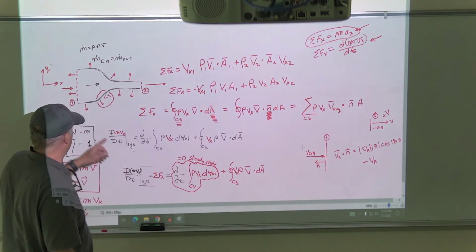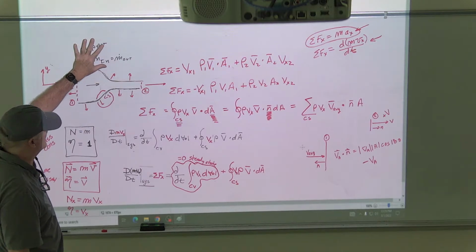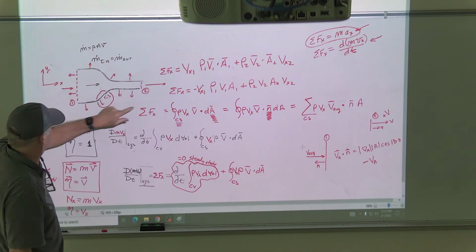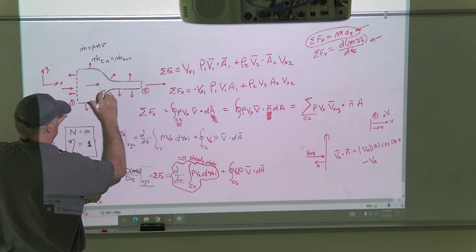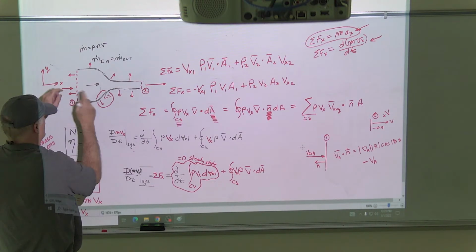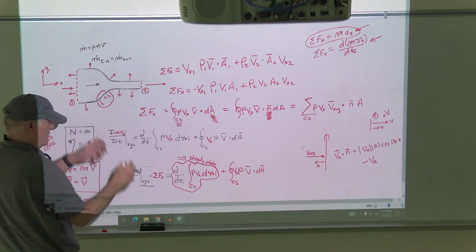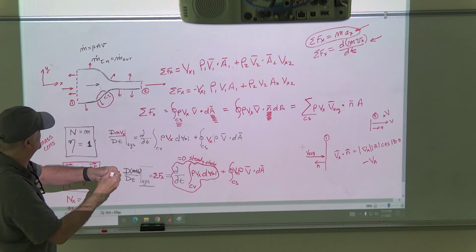So just like that, instead of m dot in equal m dot out, suddenly we know how much you have to hold this thing back, because the velocity is shooting out really fast here and coming in really slow. It's like a fire hose. If you set your fire hose out and watch, it'll flop around like crazy unless you hold it.